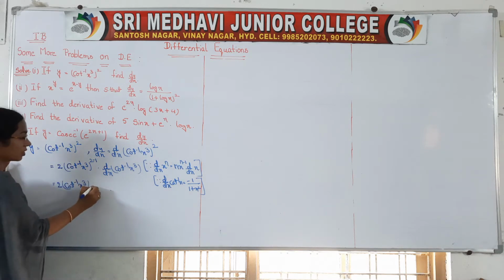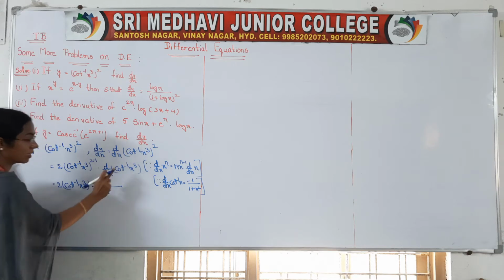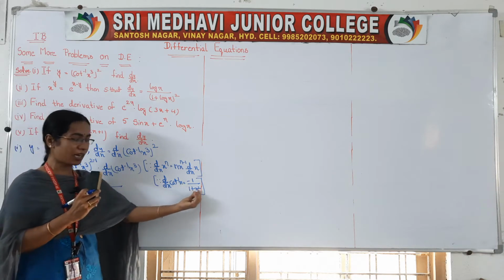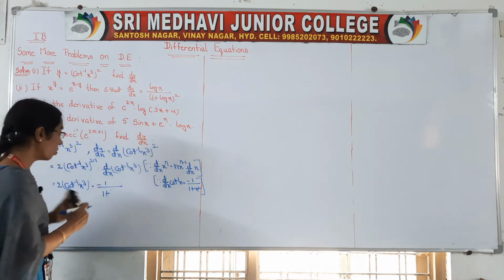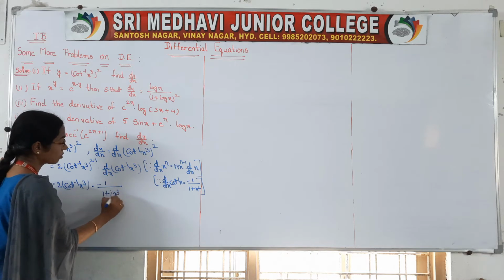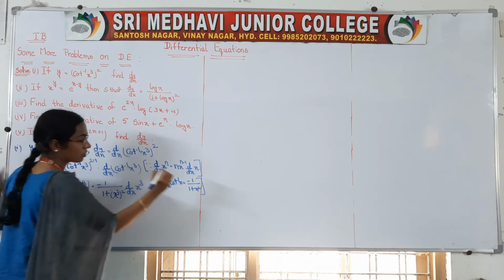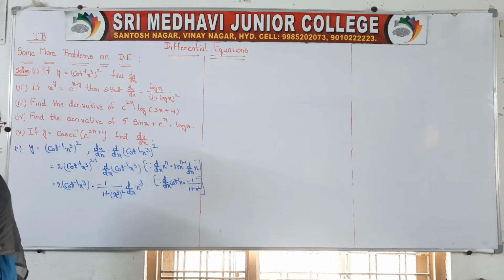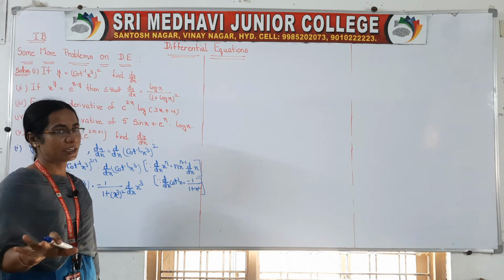So we will use that formula: minus 1 by 1 plus, in place of x, here we have x cube, so x cube whole square, into d by dx of x cube. In all the formulas, into d by dx of that variable will be there. It is understood.